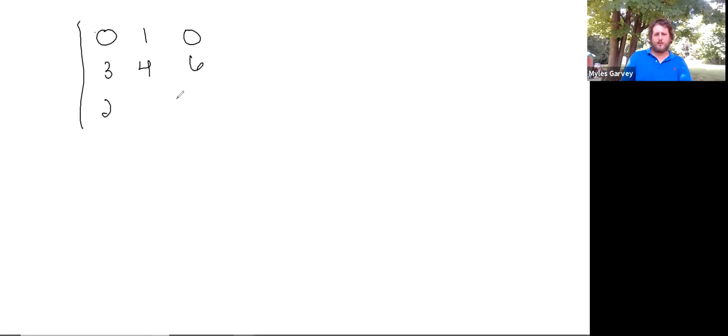Suppose that we were trying to find the determinant of 0, 1, 0, 3, 4, 6, 2, 1, 0. We can take two approaches here. We can pick this row to use, or we can pick this column to use, or this row, and it doesn't matter which one.